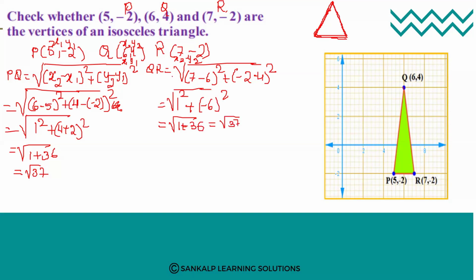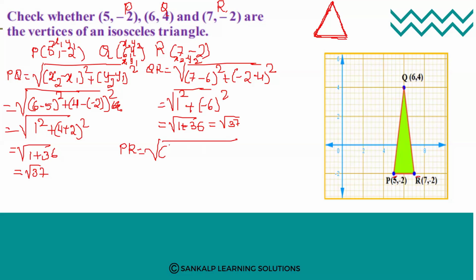Okay. Now, find out the distance PR. We need the PR distance too. So PR is equal to square root of, for P to R, this is x1, y1 and this is x2, y2.